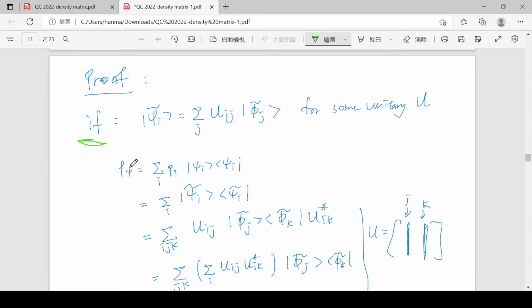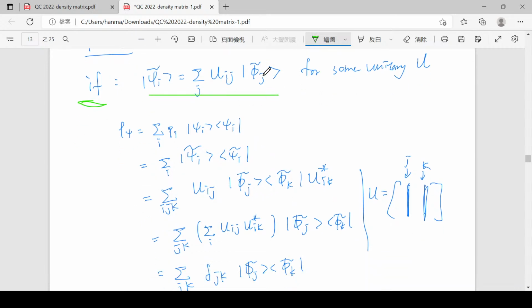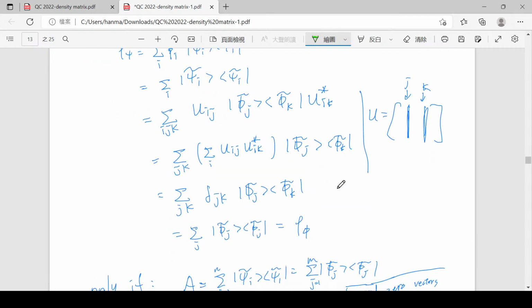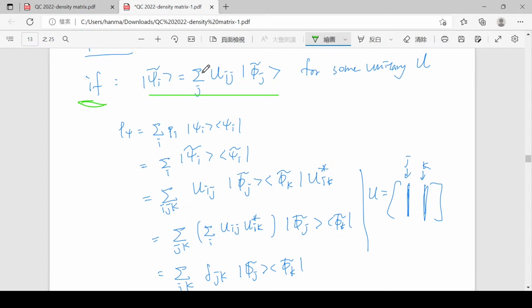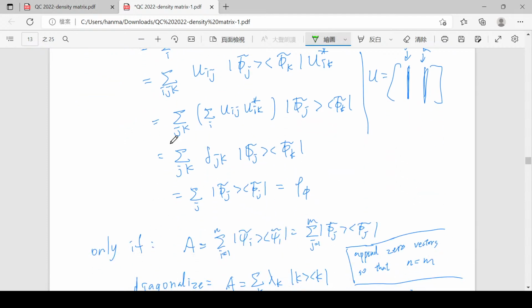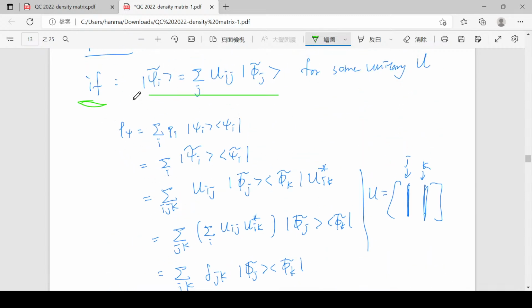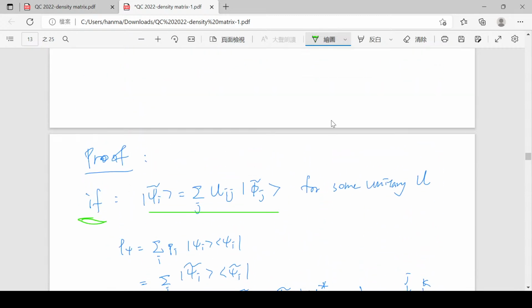So the density matrix related to psi, you use the equation given to write it in terms of the phi tilde states. Then you use U being unitary to show that this is actually the density matrix related to the phi ensemble. So this is easy, you just do the calculation.